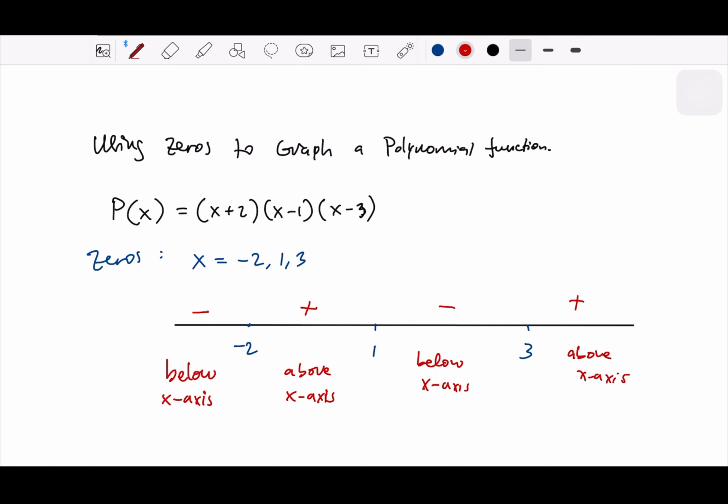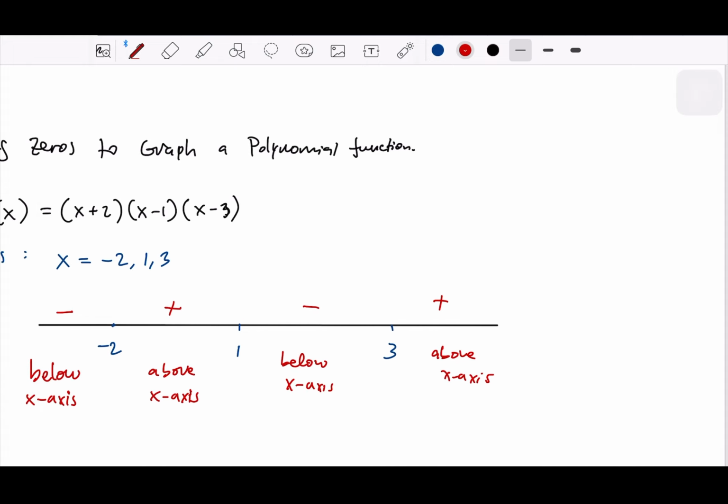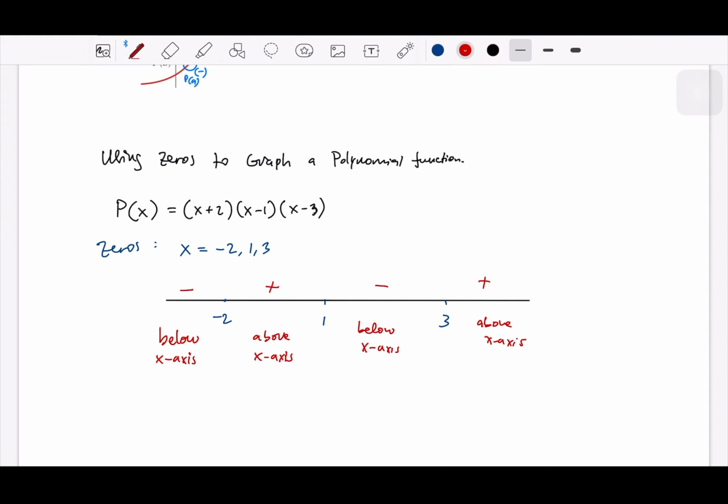And then we could also make a table to get our exact coordinates. So we could take x and P of x. We could start x from -3, -2, -1, 0, 1, 2, 3, 4.